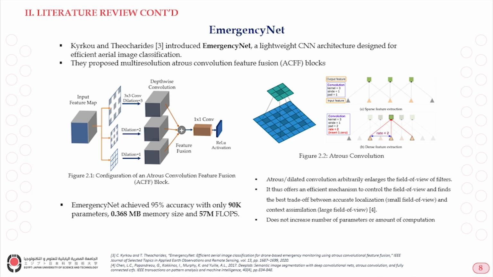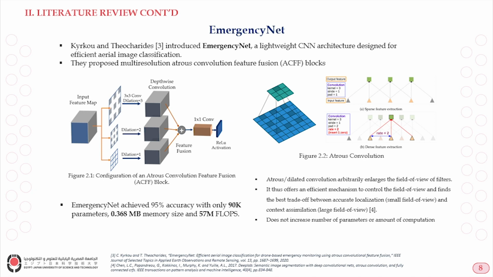The importance of enlarging the field of view is to be able to perform what is called enlarged context assimilation. The good thing with this dilation is that it does not increase the number of parameters, and it does not increase the computation.